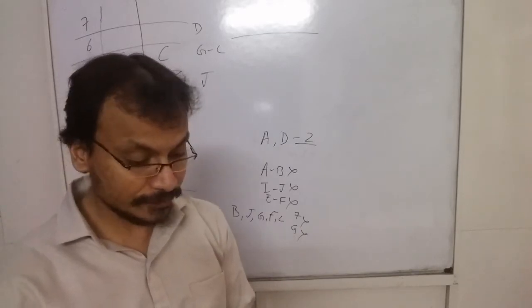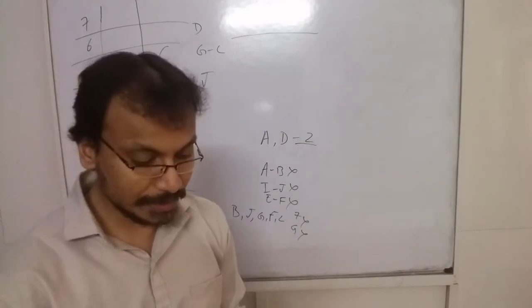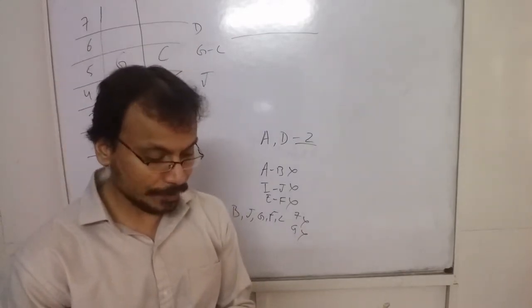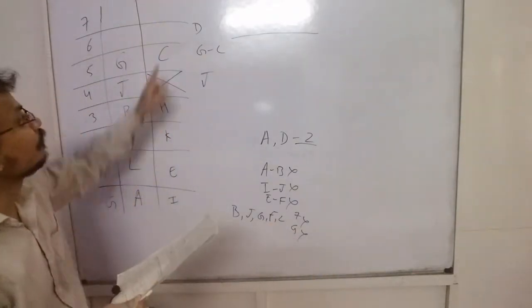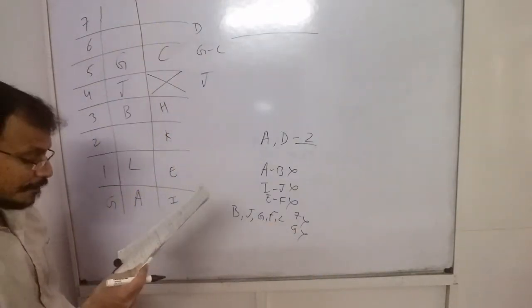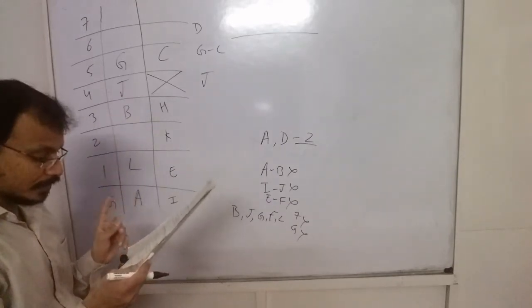A occupies either flat 6 or 7 on LHS. Make it LHS. A occupies either flat 6 or 7 on LHS. Yes, if D is here, then A has to occupy either this flat on the LHS.